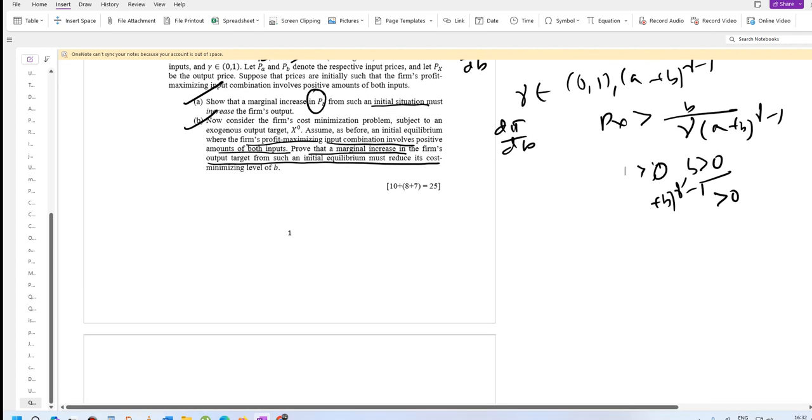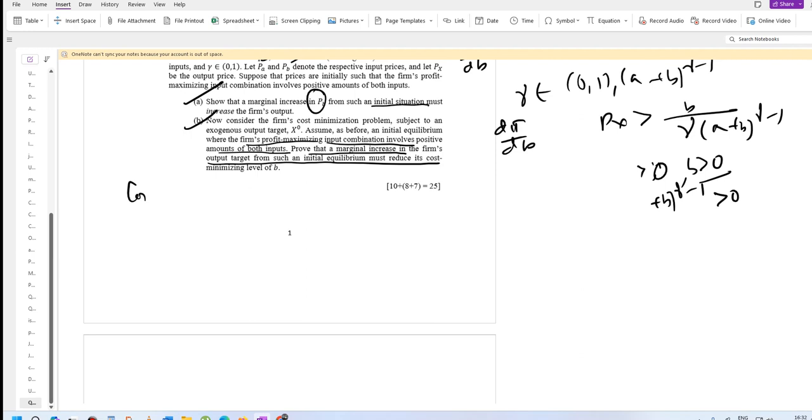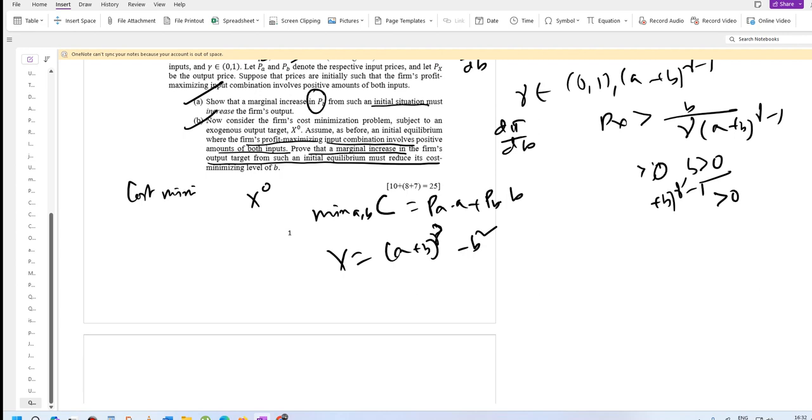So the farm's cost minimization problem here is: minimize over a and b the cost pa of a plus pb of b, subject to x equal to (a plus b) to the power gamma and x equal to x0. So this is the target constant.